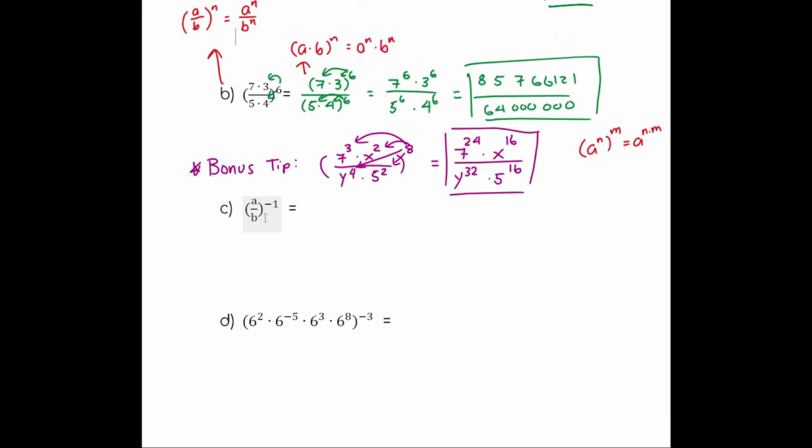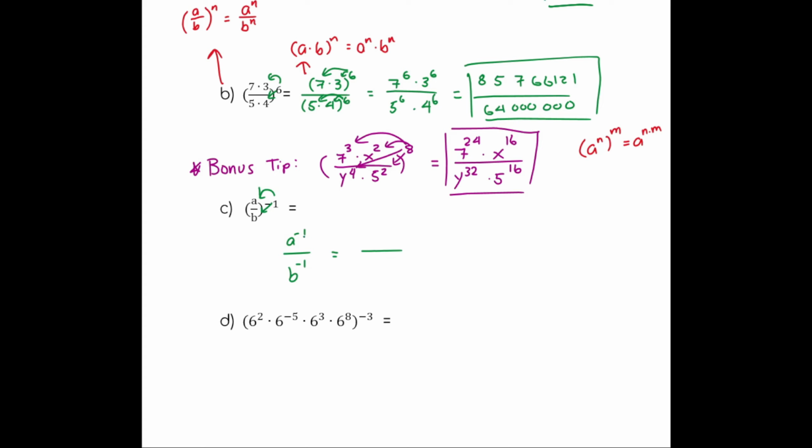We have (a over b) to the minus 1, so we can just distribute that exponent to the top and to the bottom, to my numerator and denominator. So we get a to the minus 1 over b to the minus 1. I've got this negative exponent up here, and I don't like that negative exponent.